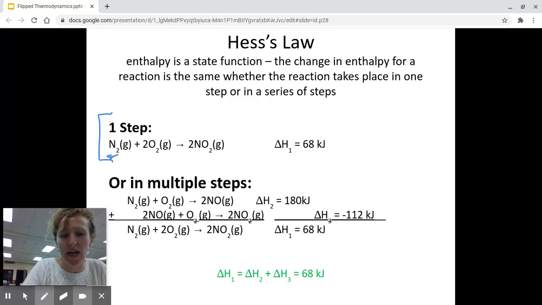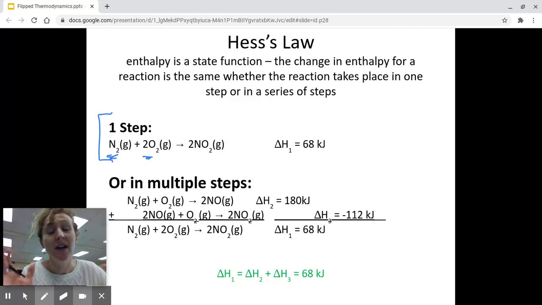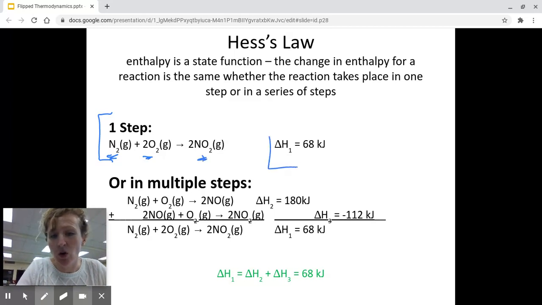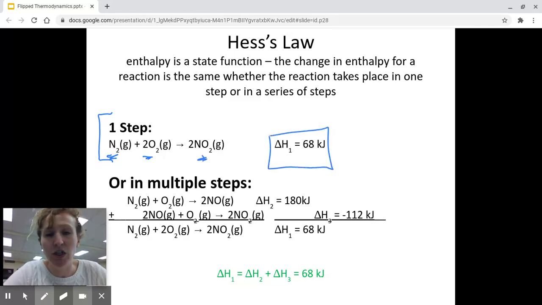We give you two reactants, nitrogen and oxygen, and they react to form nitrogen dioxide, right? So we have an overall enthalpy change for this reaction. Notice the enthalpy change is positive, which means this reaction energy or heat is going to flow into the system, the atoms, and the molecules. So it's an endothermic reaction.